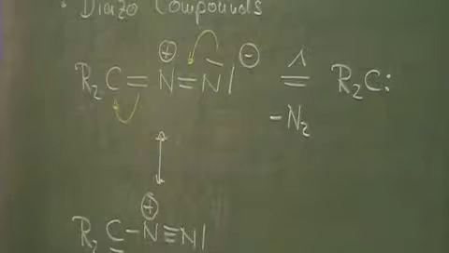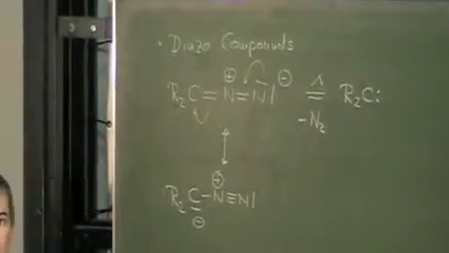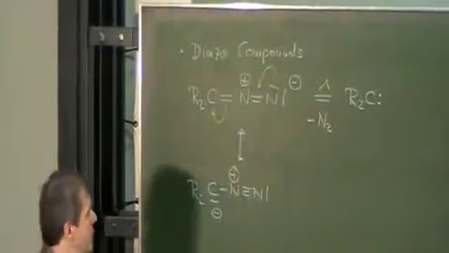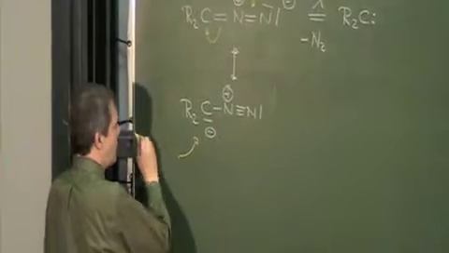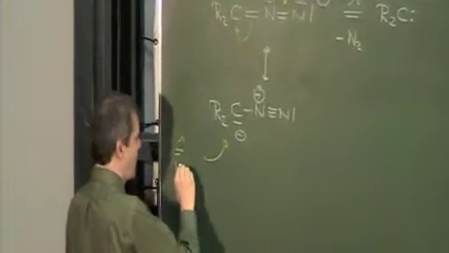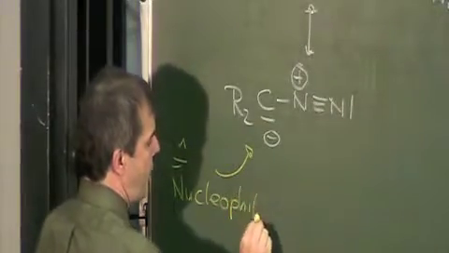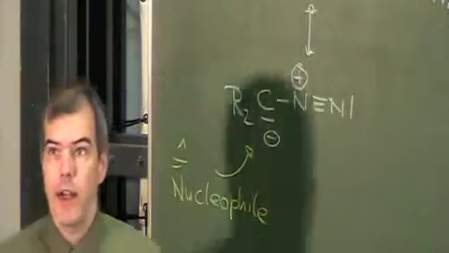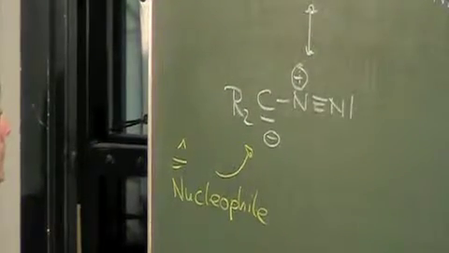So for example, in a diazo compound, you have an anionic carbon, which is the equivalent, or which can react as a nucleophile with typical electrophiles. And I will show you a few examples of this.